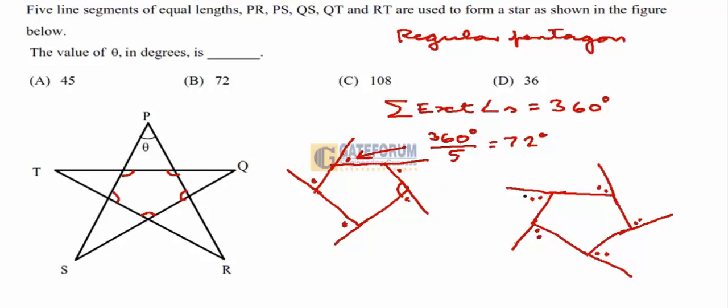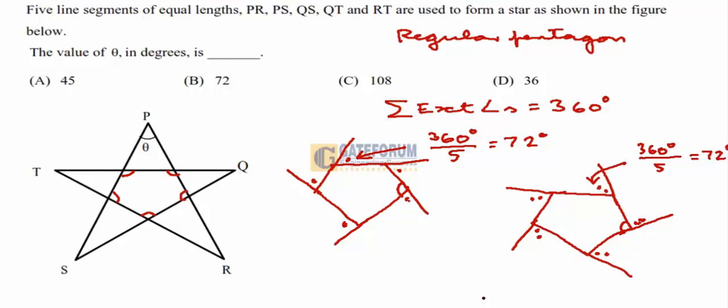Because the interior angles are all equal, and because this external angle is nothing but 180 degrees minus an interior angle, I can say all of these will be equal. Hence, the value of this external angle would also be, since the total external angle is 360 degrees divided by 5, equal to 72 degrees.